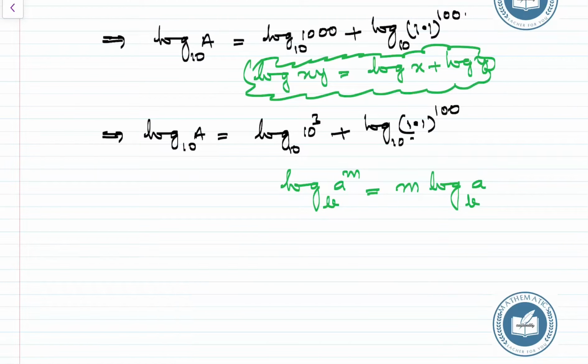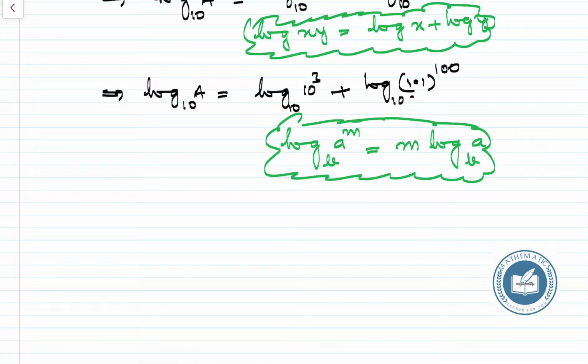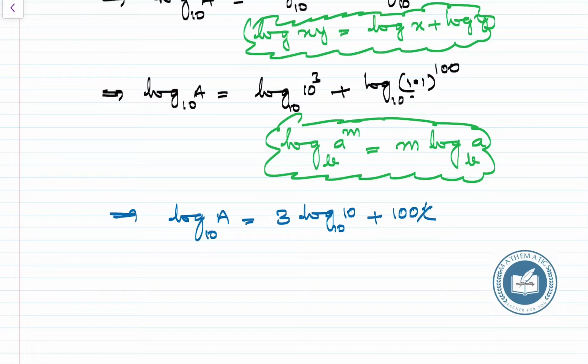So using this formula, now you can write log A base 10 is equal to 3 log 10 base 10 plus 100 times log 1.1.